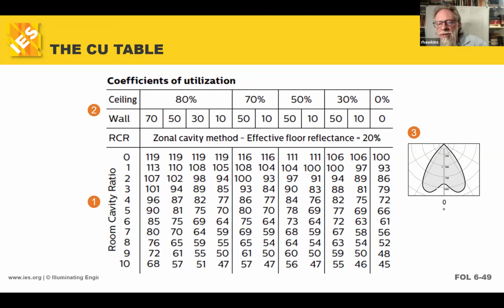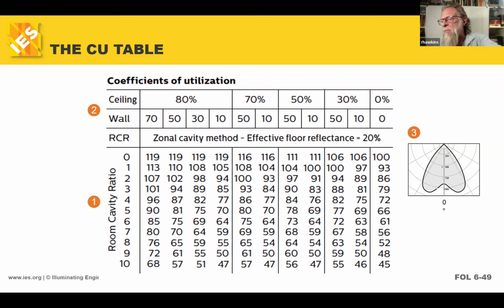This table, without having to go into details, gives you that CU to put into that formula based on a 20% effective floor reflectance. I've got some other cool charts for if it's not 20% floor, what do you do? I don't think I'm going to show that because again, time. But you can modify this as well.